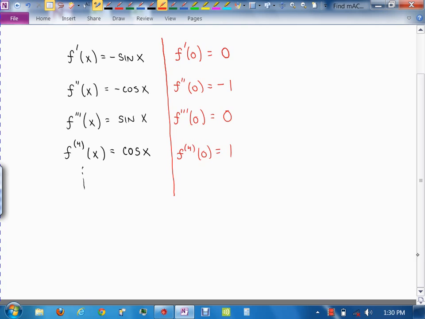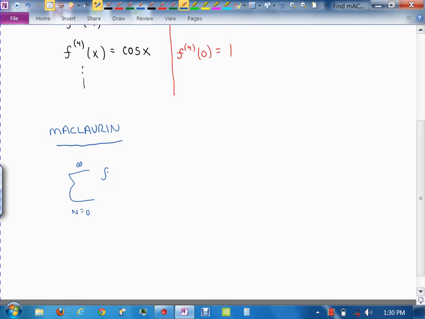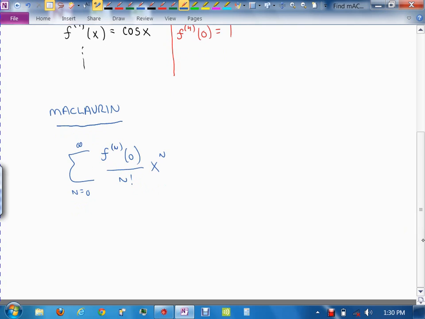So here's the Maclaurin. I'm going to write out our Maclaurin. So my Maclaurin is the sum n equals 0 to infinity, nth derivative of f at 0 over n factorial x to the n. So let's start with n is 0, right? We get the 0th derivative at 0 over 0 factorial x to the 0.